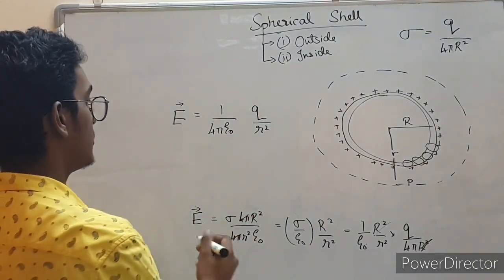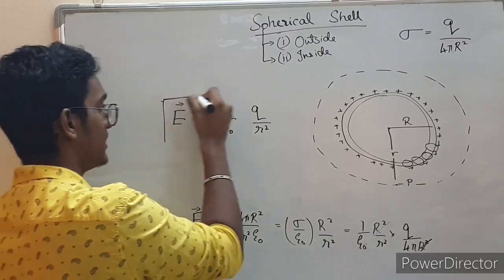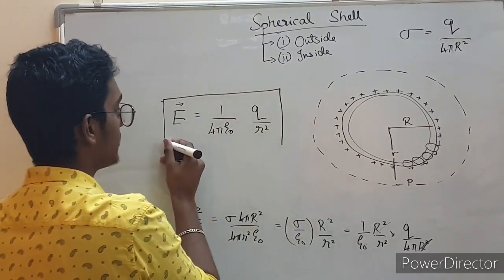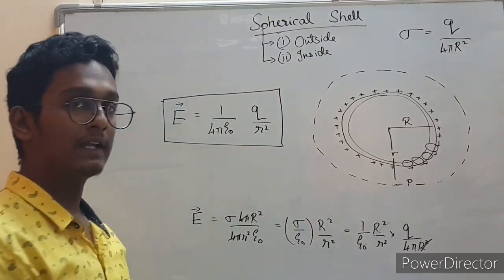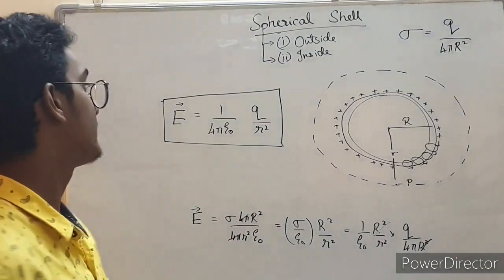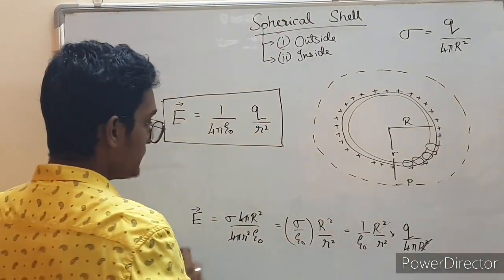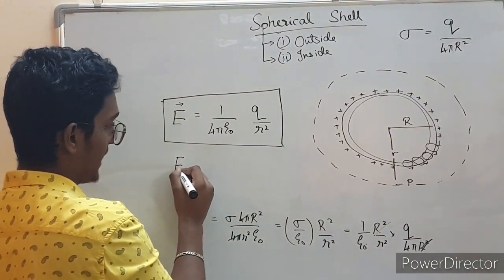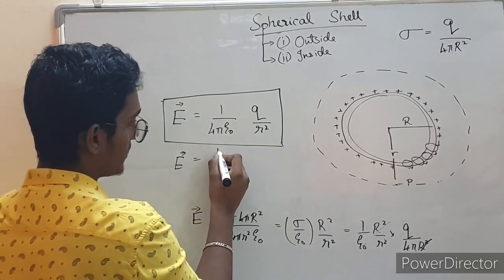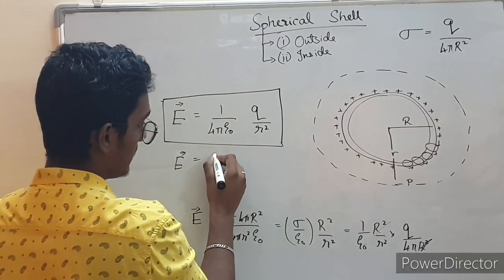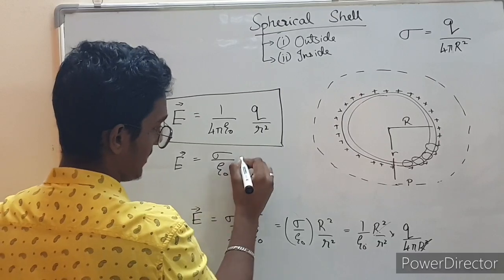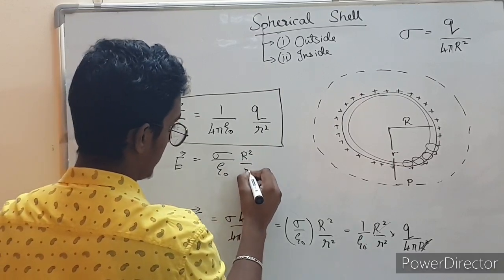And if you recollect, this is very similar to the formula for electric field due to a single point charge. I'll also write the other formula if we had to use that: sigma divided by epsilon naught into R square by R square.